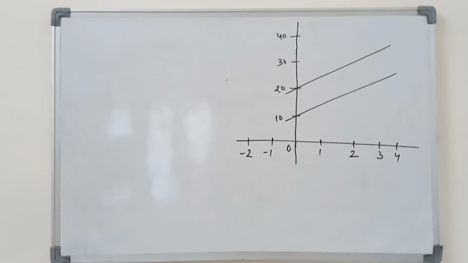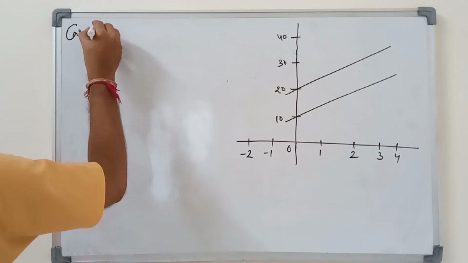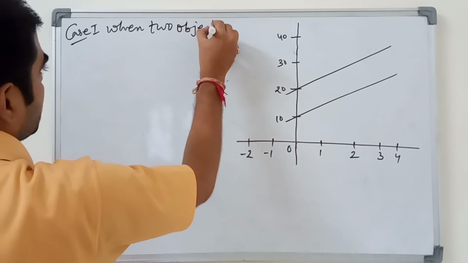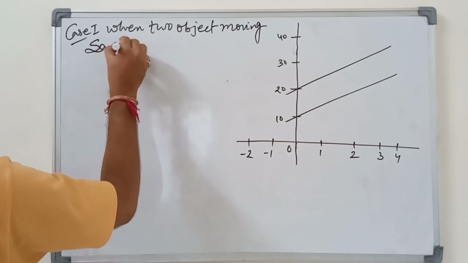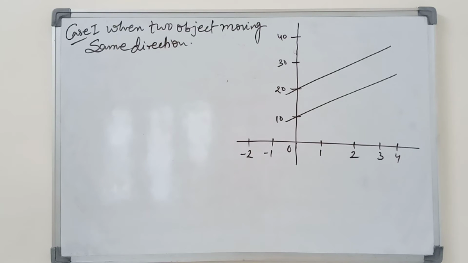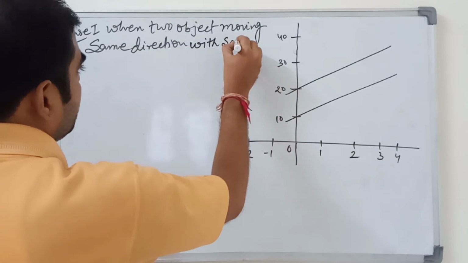The first case is very simple: objects A and B are two objects moving in the same direction with the same velocity.